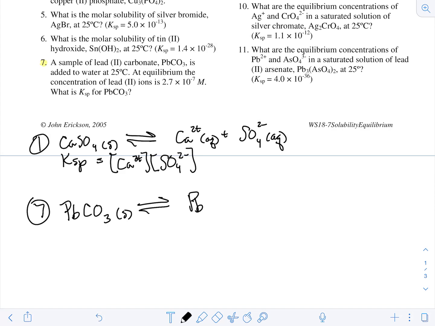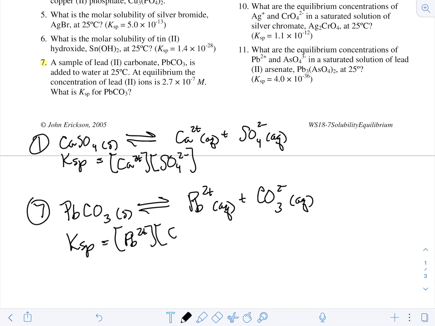So lead, its charge is 2+, and carbonate ion is 2-. So when I write the Ksp for it, I'm going to do the concentration of lead 2+ times the carbonate ion, which is 2-.